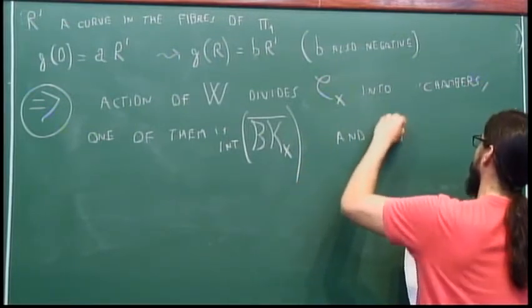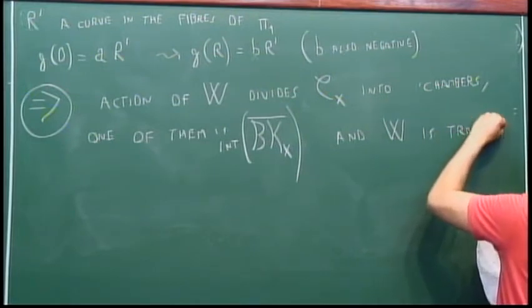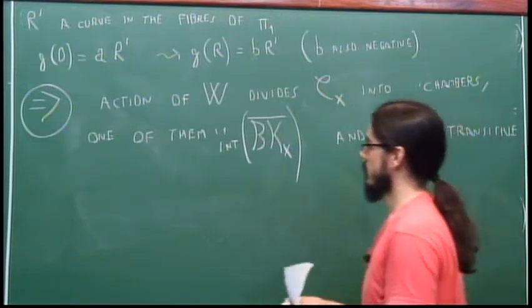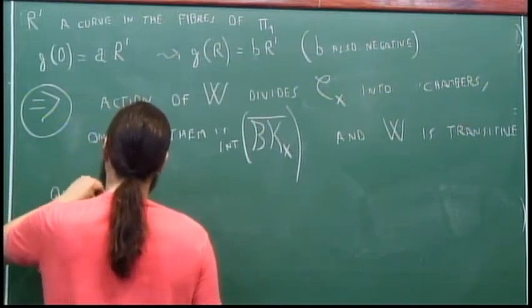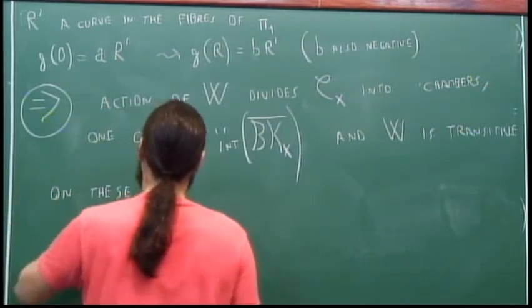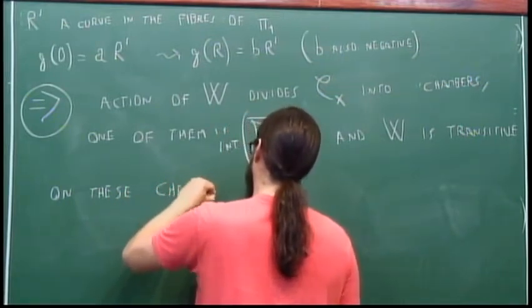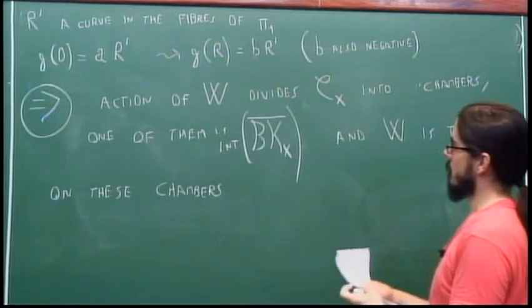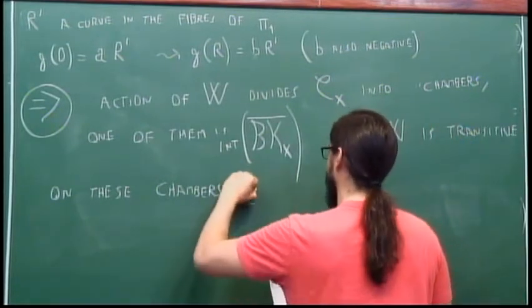And W is transitive on these chambers. So this statement is actually the easy part because it's part of the theorem of Markman.